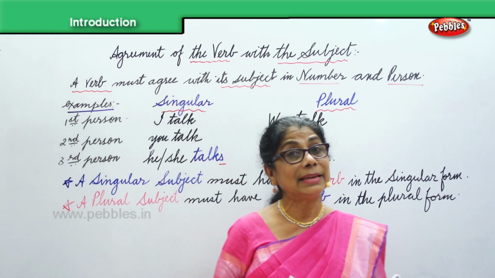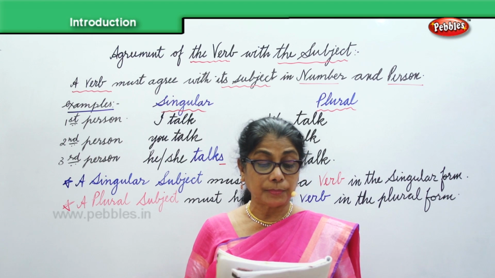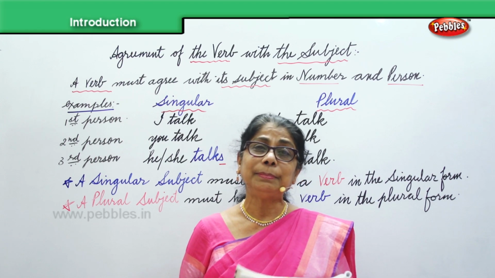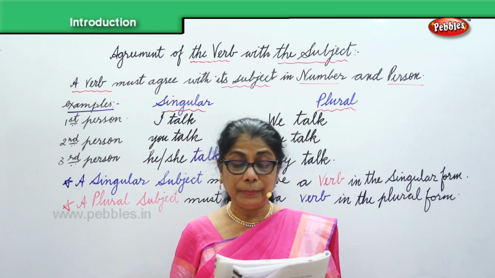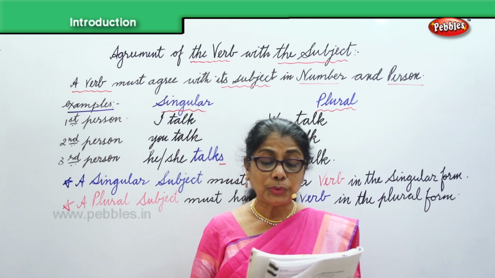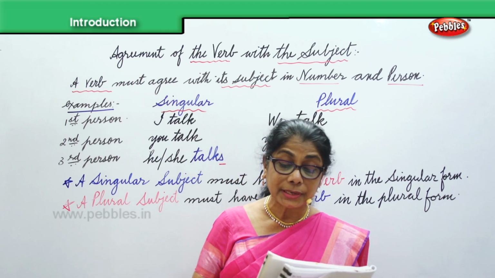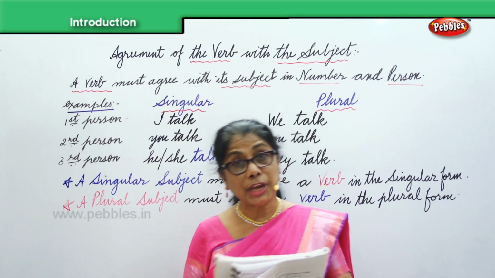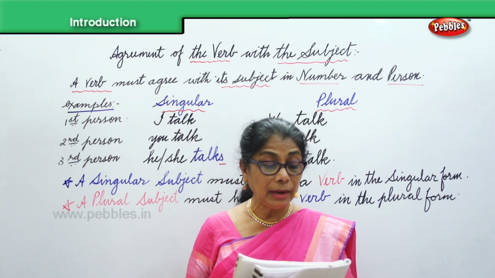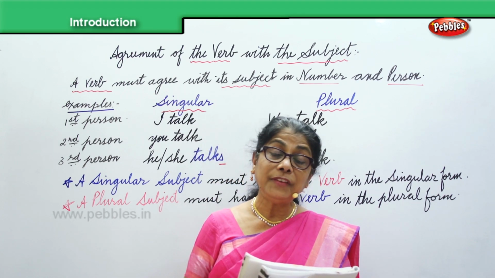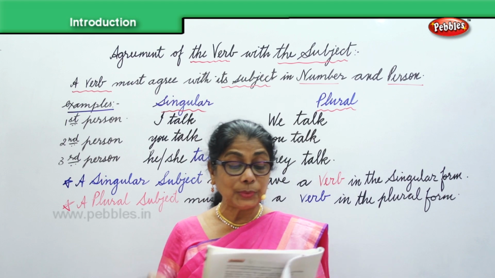But then sometimes there are changes. Now I have some rules down here to help us decide whether the subject is singular or plural. They show how the verb agrees with the subject.